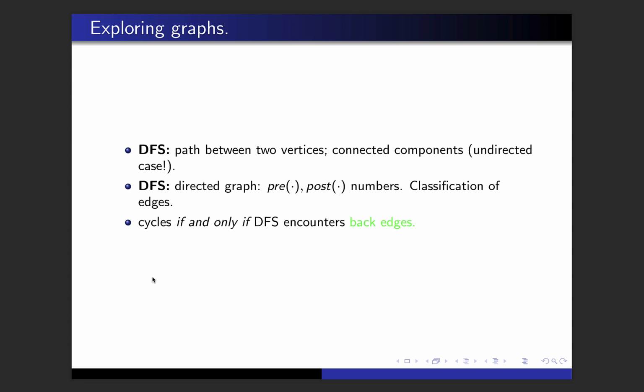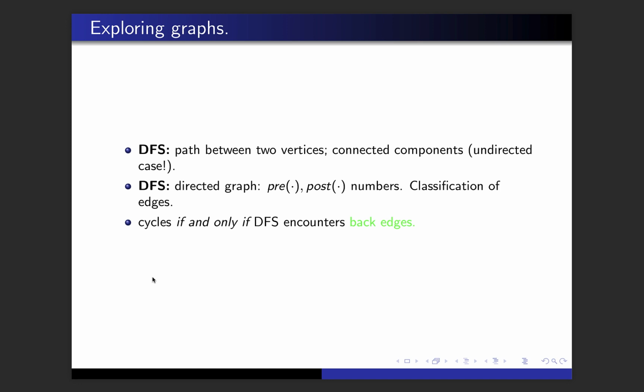In particular, we use this edge classification to discover how to classify a graph on whether or not it has a cycle. This is because of the last point: cycles exist if and only if DFS encounters a back edge, at least one.